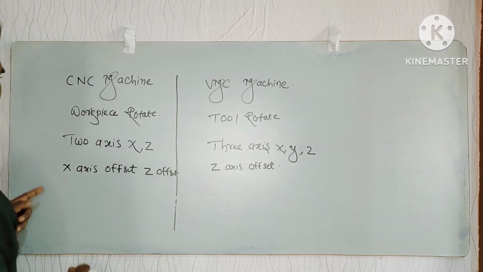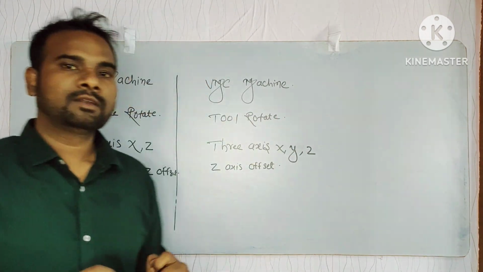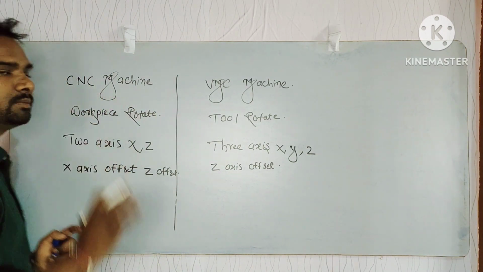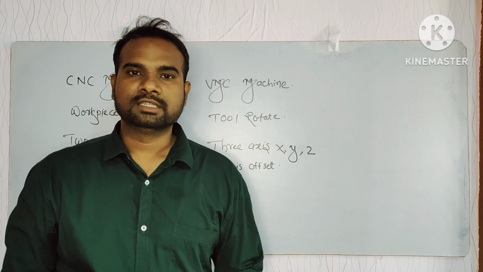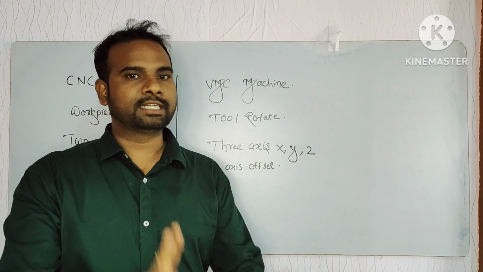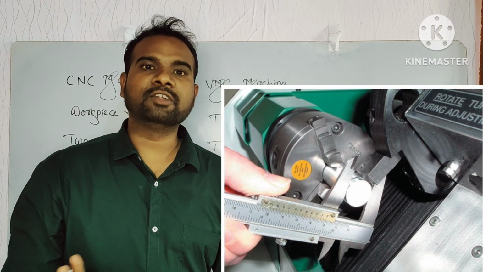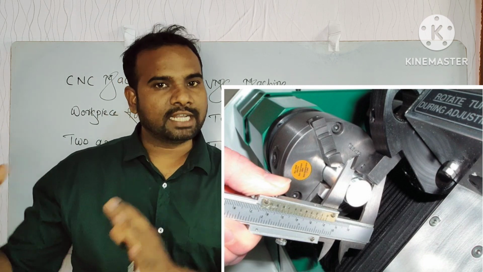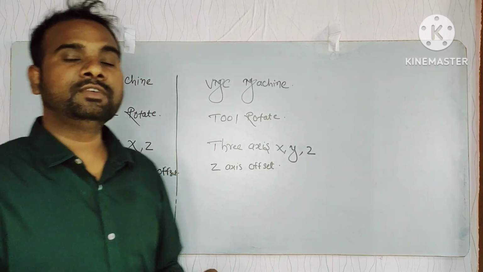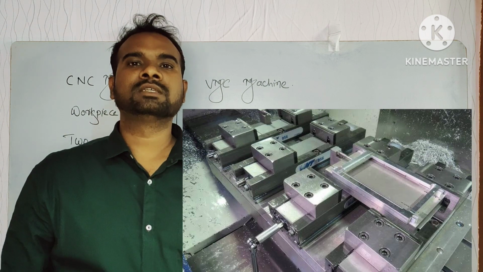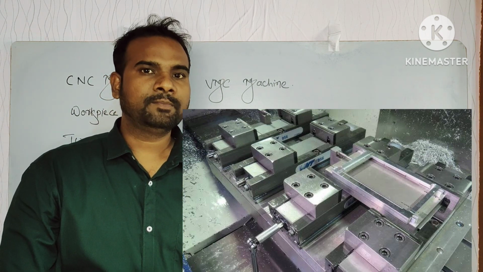Okay guys, now the major difference between these two is, in CNC machine there is only one workstation, means there is only one job we can manufacture or set on CNC machine at a single time. But in VMC machine we can set multiple jobs, means we can set first job, second job, third job at a single time.